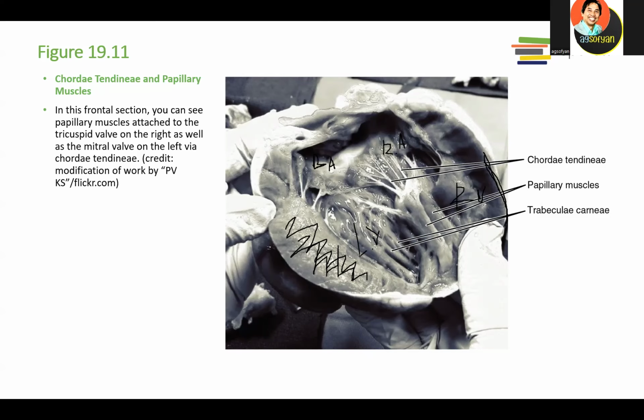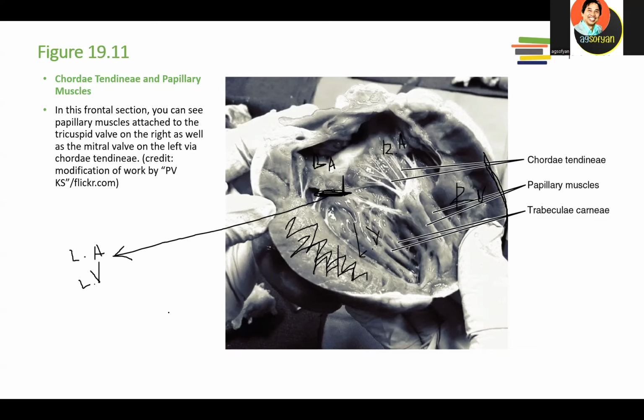If you see here on the left side, there is a door over here, which is a valve. That one that's located on the left side between left atrium and left ventricle.